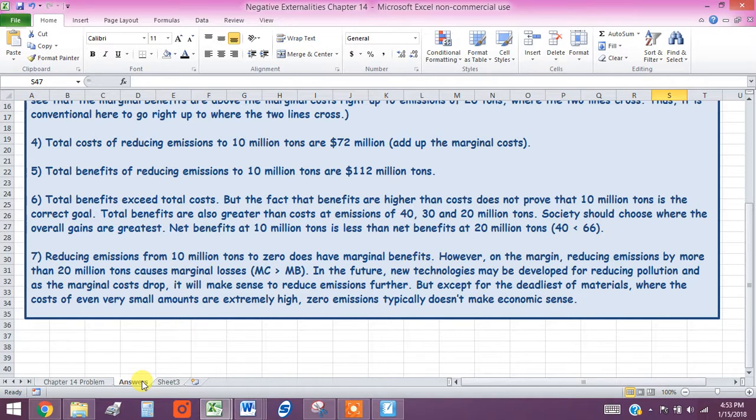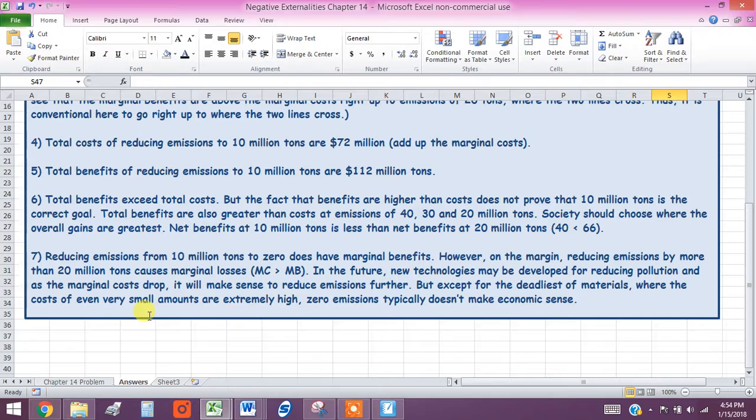In the future, if new technologies are developed for reducing pollution, and as the marginal cost drops, it will make sense to reduce emissions further. But except for the deadliest of materials, where the cost of even very small amounts is extremely high, a goal of zero emissions typically doesn't make economic sense.